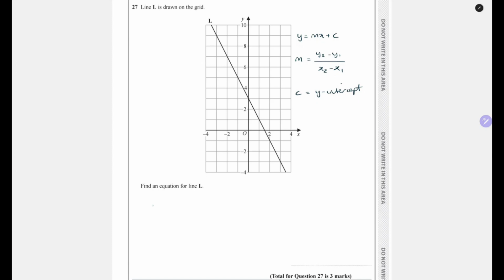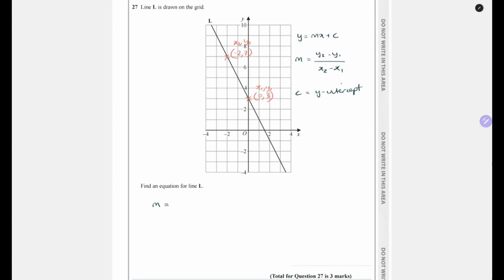Let's work out our gradient first, m. So we need to pick 2 points on our graph. Let's pick this point here and this point here. So the coordinates for this point here is -2 and 7, and we'll call this x2 and y2, and this coordinate here is 0, 3, so x1 and y1.